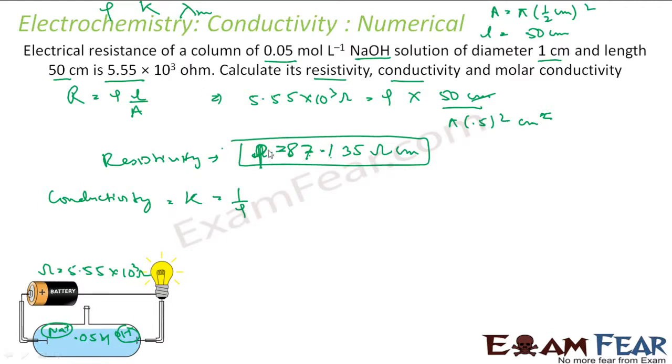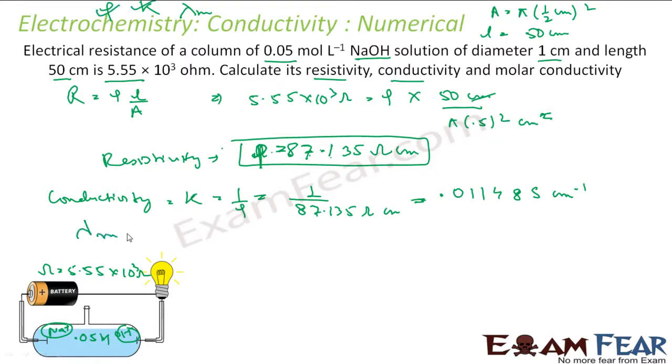So this becomes 1 by rho, and rho we have calculated as 87.135 ohm centimeter, and this comes out to be 0.0148. 1 by ohm becomes Siemens, and per centimeter. This is my conductivity, right? I found conductivity, I found resistivity.